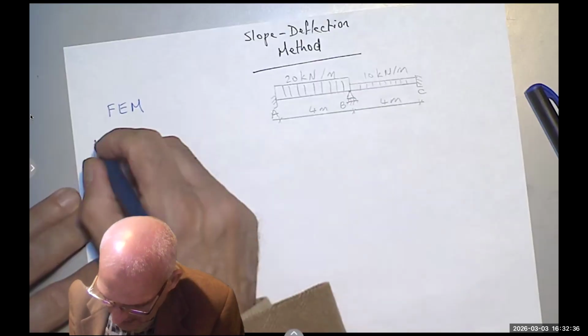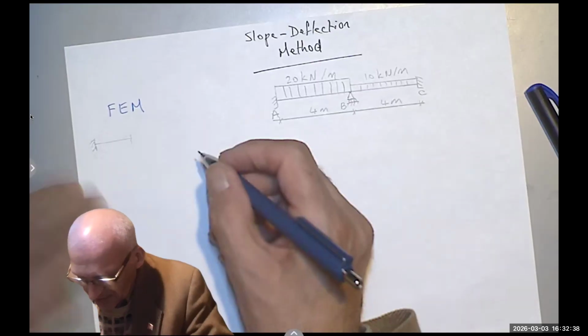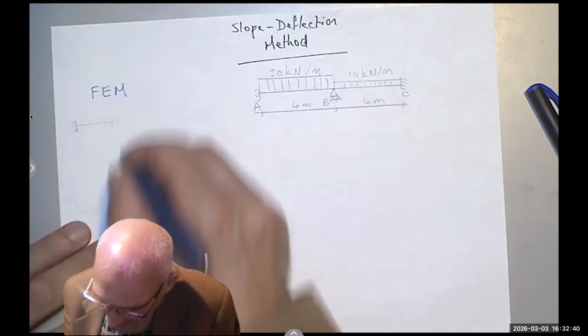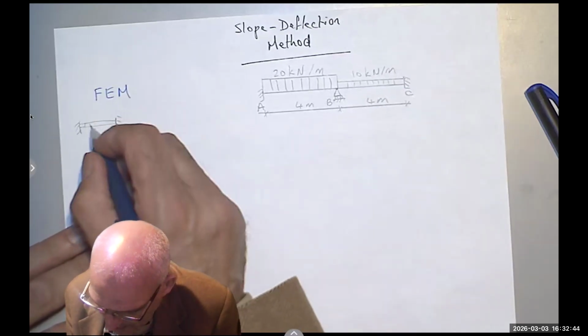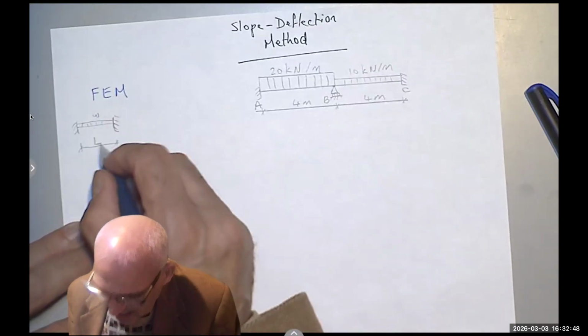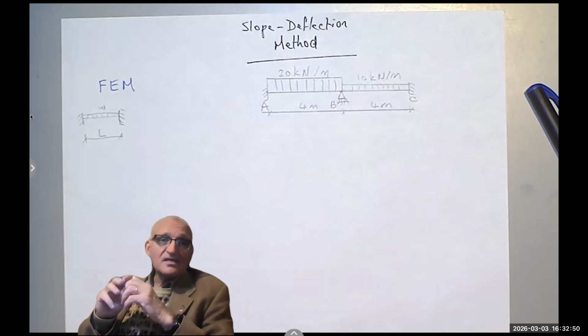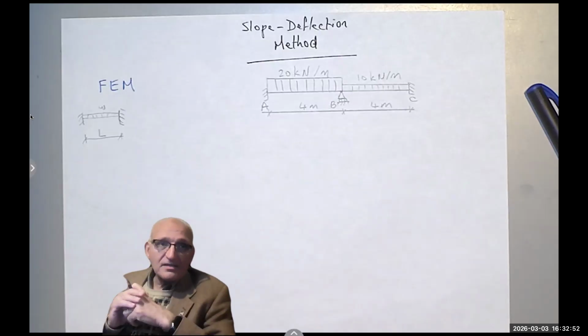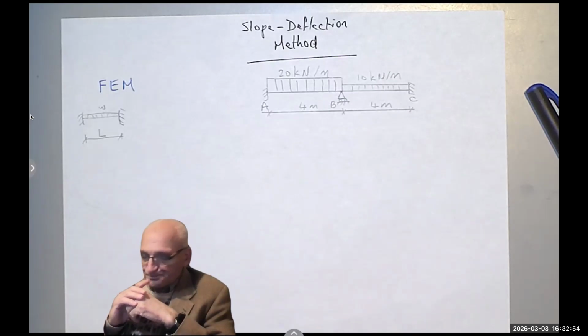The only difference is the magnitude of the distributed loads. This thing has a distributed load like that, W, and this is L. So the end moments are WL squared over 12.